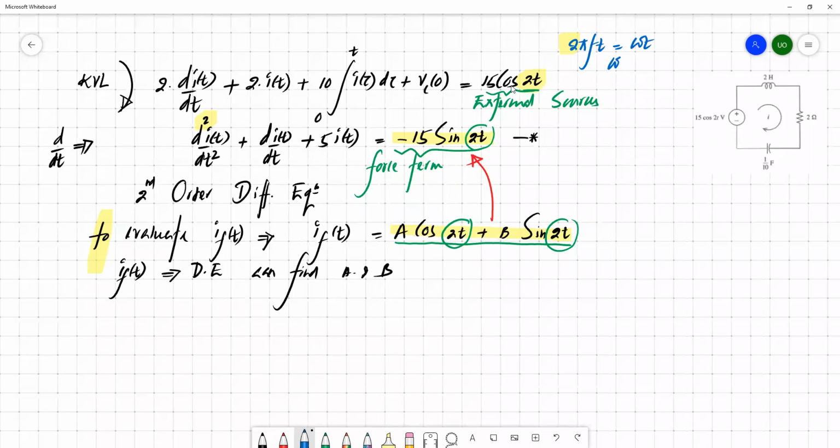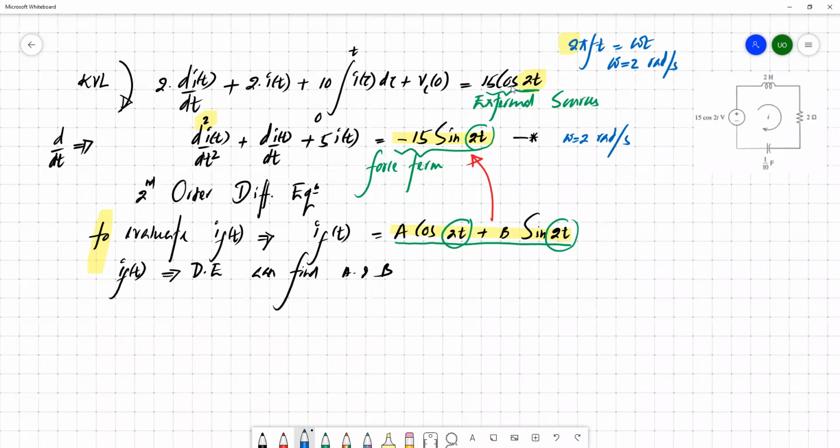So ideally this omega equals 2 radians per second. We basically connect the external sinusoidal excitation with an angular frequency of 2 radians per second, so definitely this force term also has the same angular frequency.